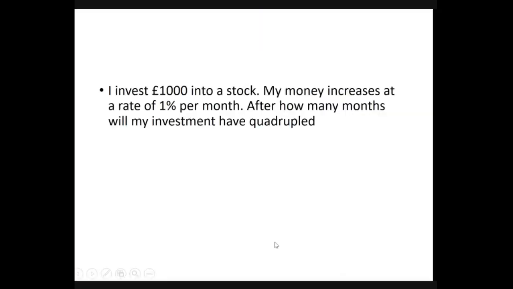Can we see the question? Yeah. Awesome. So here, I invest £1,000 into a stock. My money increases at a rate of 1% per month. After how many months will my investment have quadrupled?